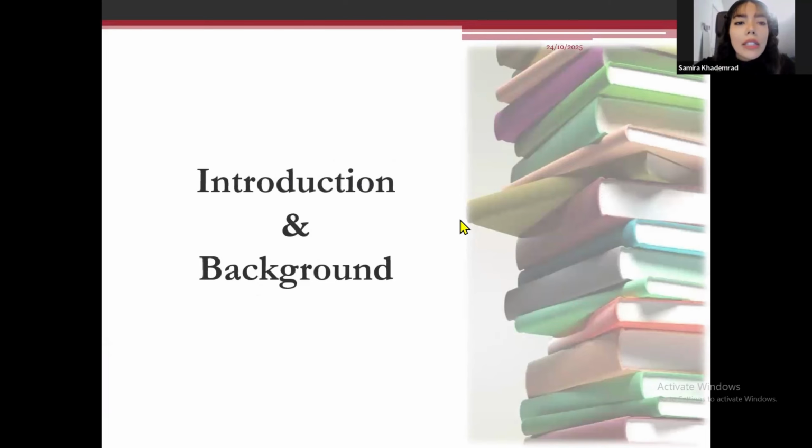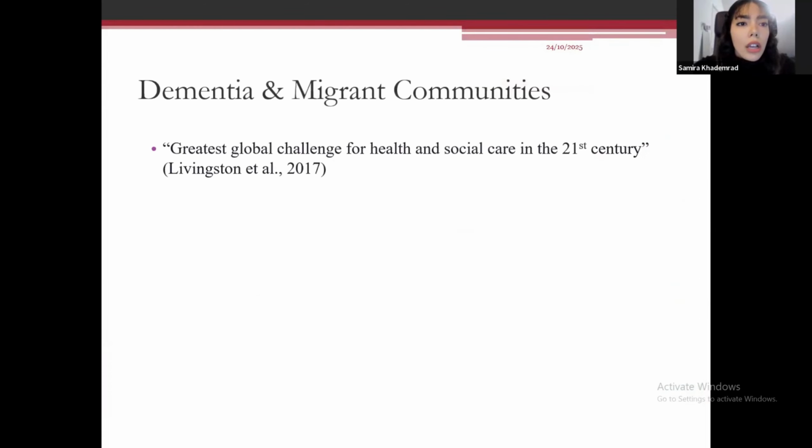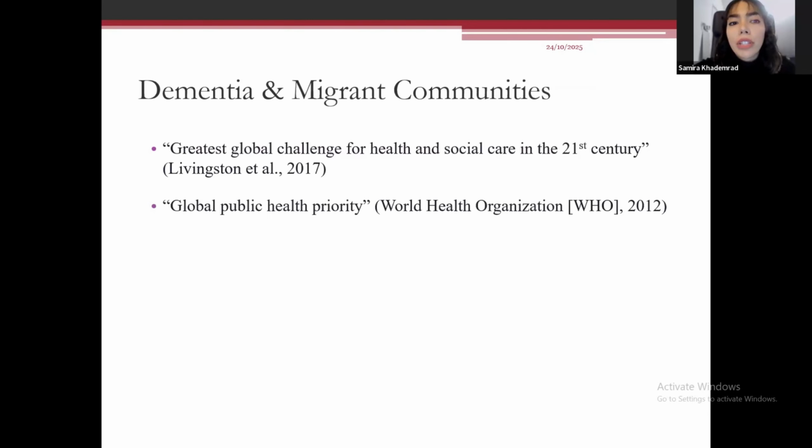NWO is the Dutch Research Council, and WICI is their competitive funding scheme for senior researchers. Well, let's have a concise overview of the introduction and background. According to Livingston et al. 2017, dementia has been introduced as the greatest global challenge for health and social care in the 21st century.